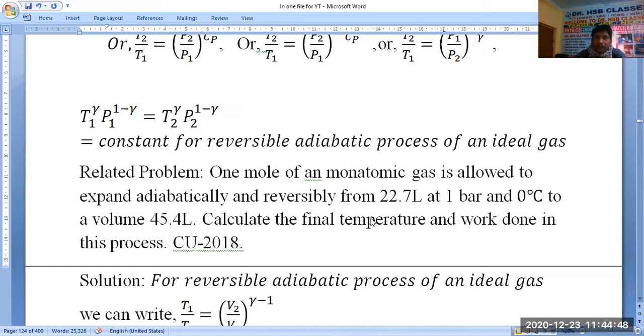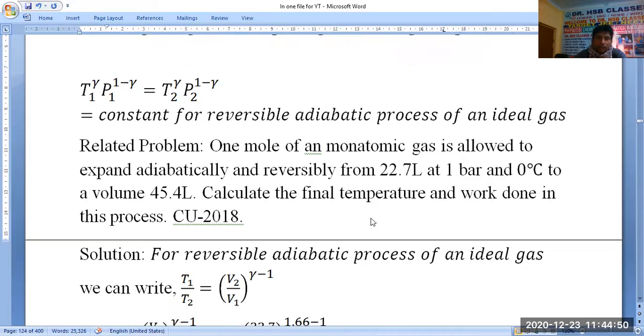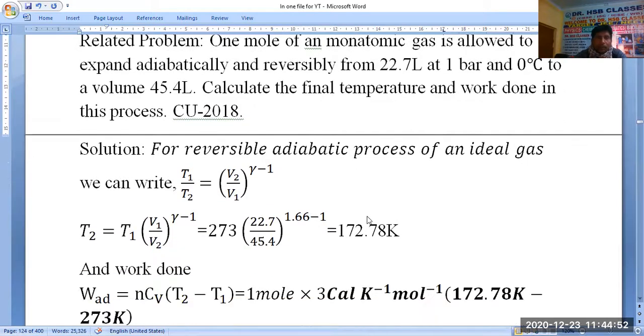Calculate the final temperature and work done in this process. For a reversible adiabatic process of an ideal gas, we know the formula T1 by T2 equal to V2 by V1 whole to the power gamma minus 1.